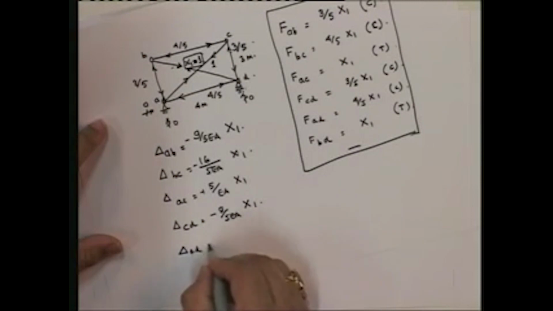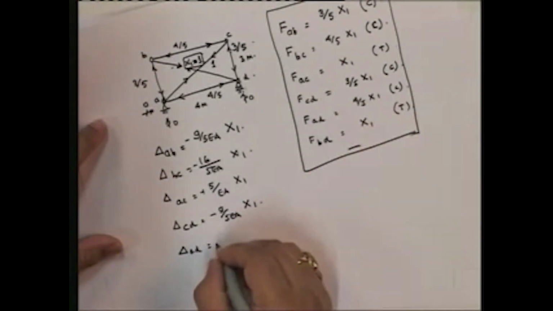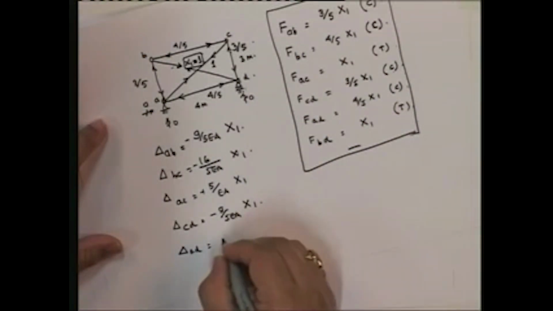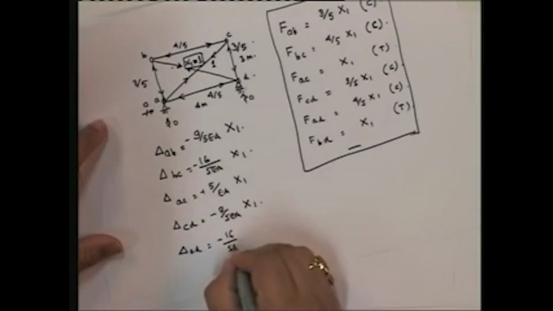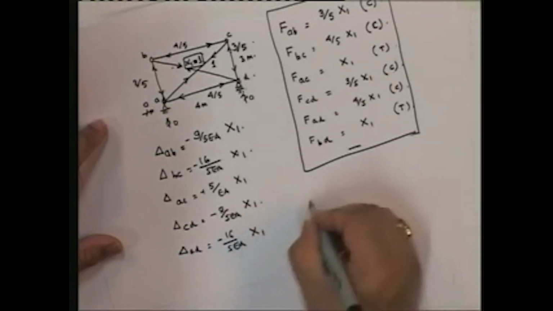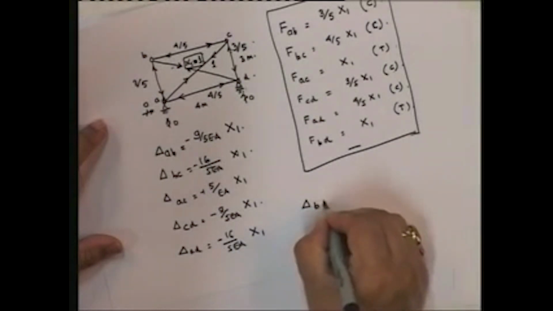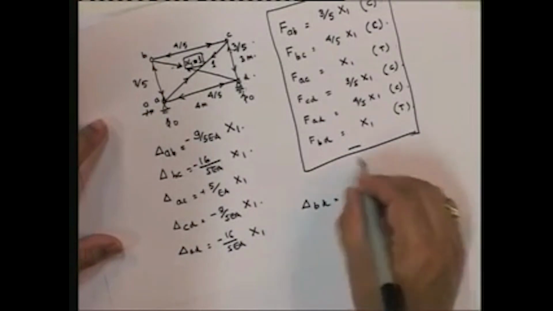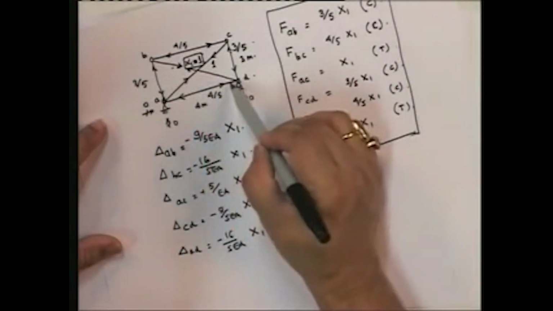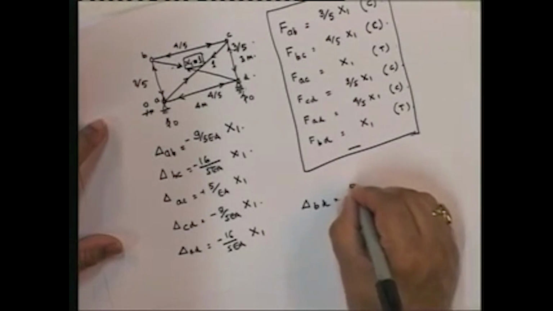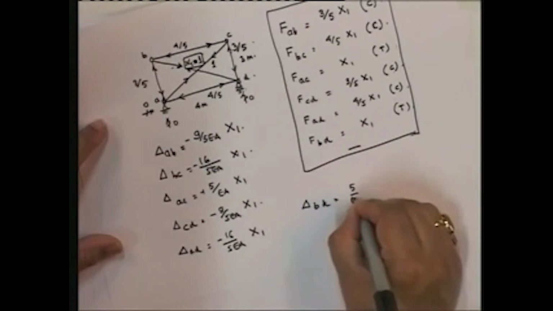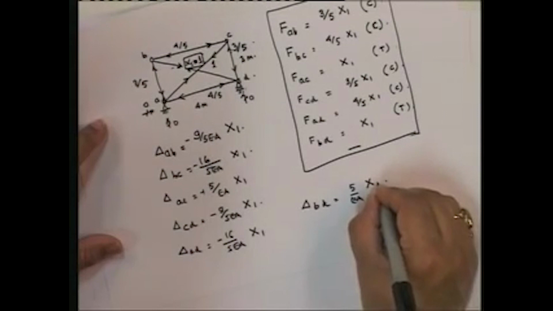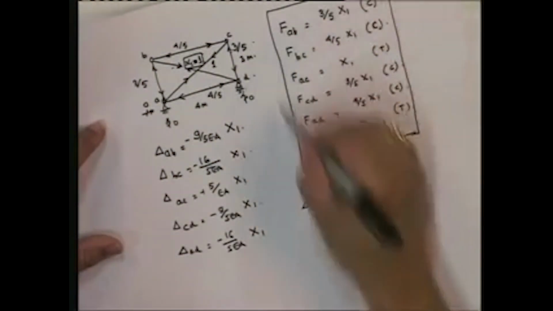Delta AD is going to be 4 by 5 compression, so this is going to be equal to minus 16 by 5 EA x1, and finally delta BD is going to be x1. What's the length of BD? BD is 5 meters, so it's going to be 5 upon EA x1. These are the deformations due to these.